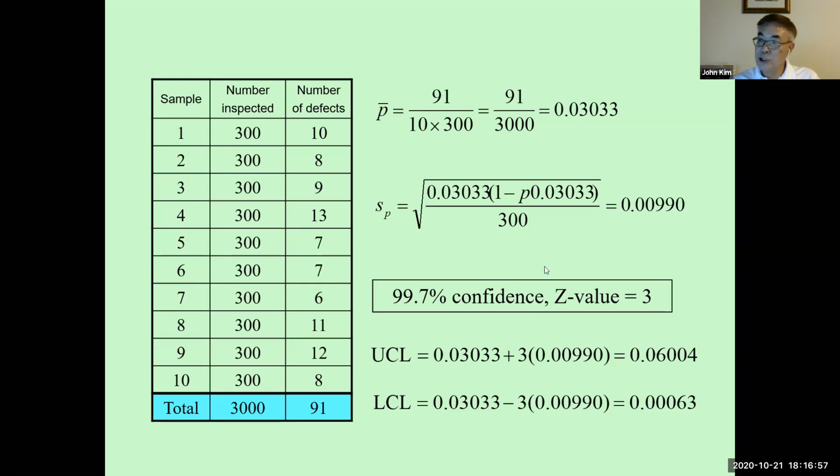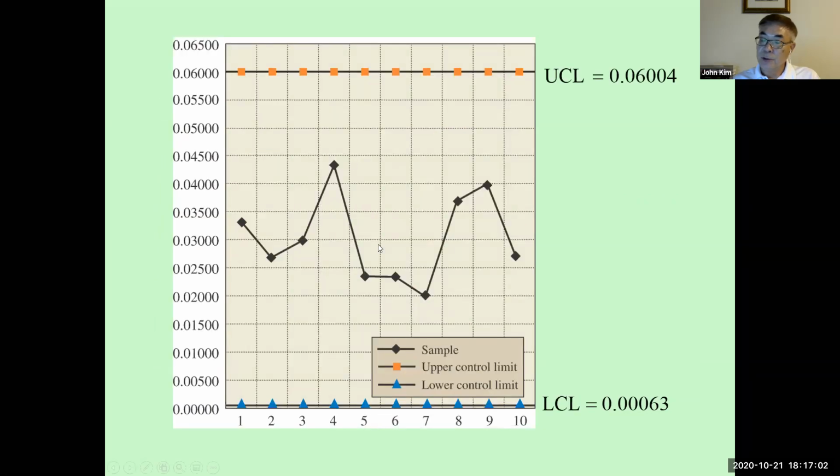So after we get the probability of defect of each sample, then we can plot those probabilities of each sample. So in this process, all samples are in between the upper and lower control limit. So we can say this process is working fine because all the sample probabilities of defect are inside.